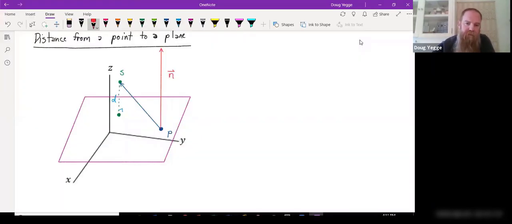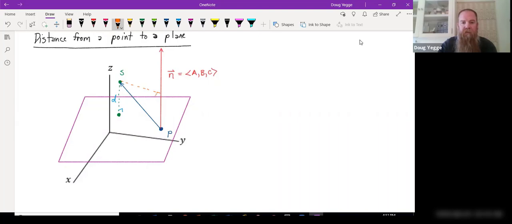In addition to the point that's on the plane, if we're given the equation of the plane, we should also know a normal vector, because remember that that's just going to be the coefficients of x, y, and z. We refer to that as a, b, and c. So if we're given a normal vector and we want to find the distance from the point to the plane, what we could do is project this vector PS onto the normal vector.